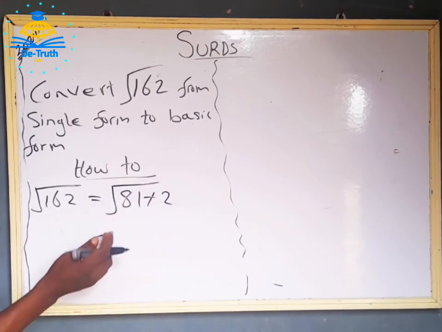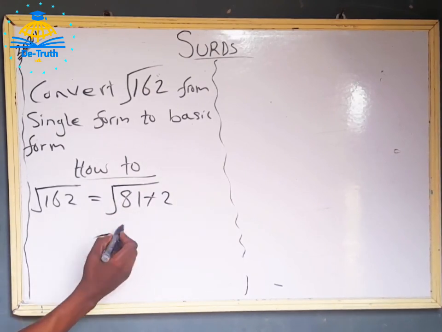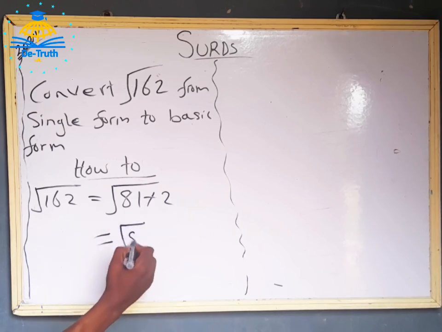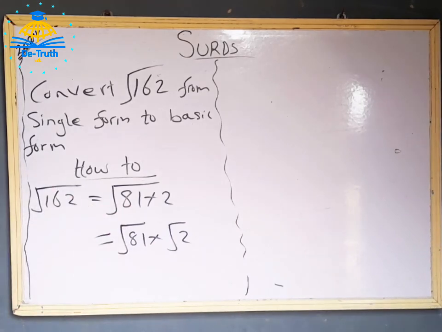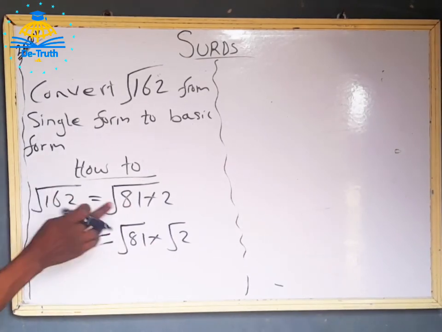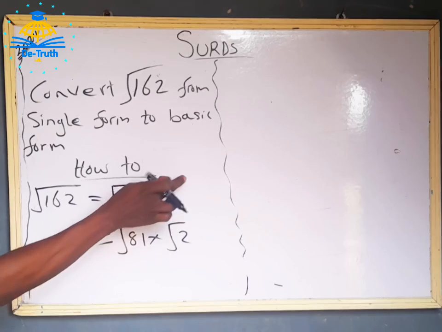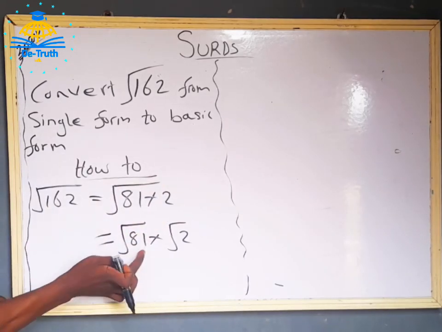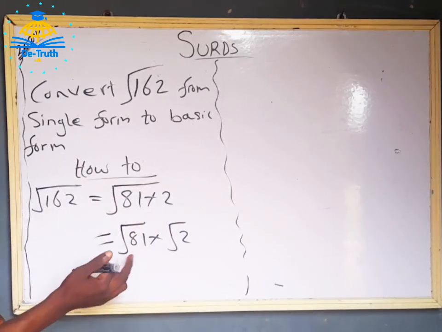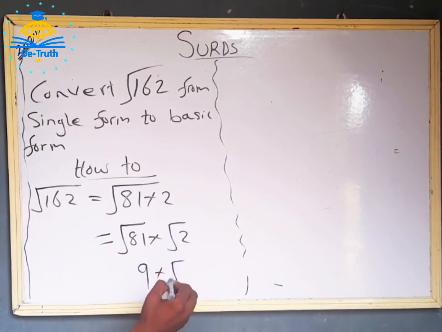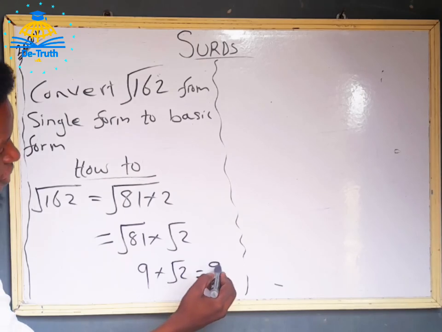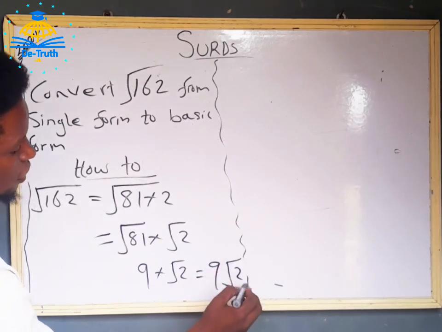So from here, we have root of 81 times 2. That's the rule of SURDS. When we have this 81 times 2 under the root, we can break it into root 81 times root 2. So what's root 81? That is 9 times root 2, simply written as 9 root 2.